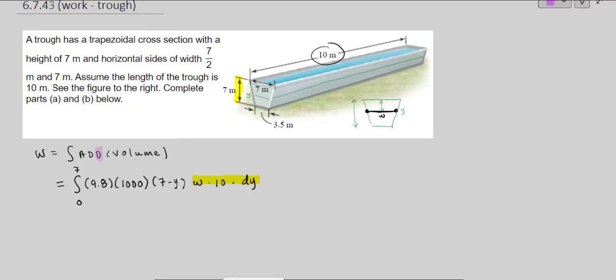Now, in order to figure out that width, we are going to imagine a coordinate system right here. And the 2 points on this line are going to be 7 halves, comma 7. We know that this piece right in here is 3.5, so that's 7 halves. And it's 7 all the way across.